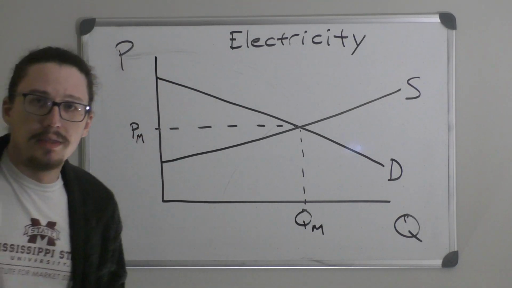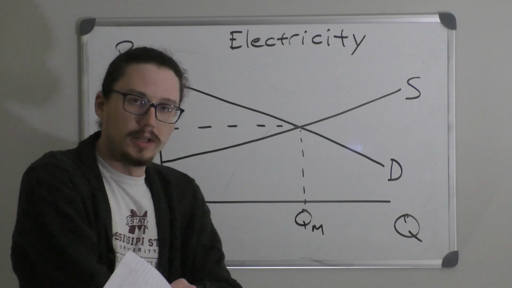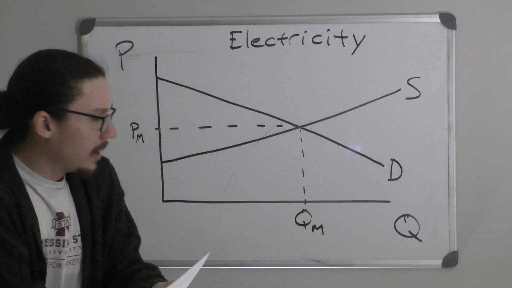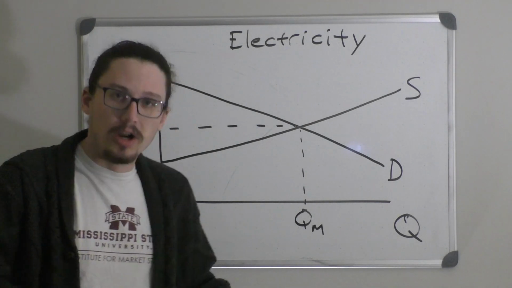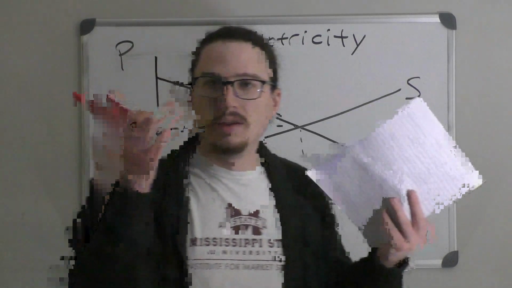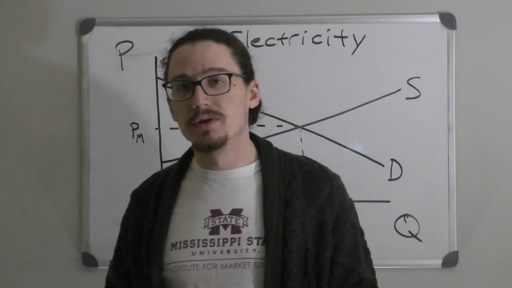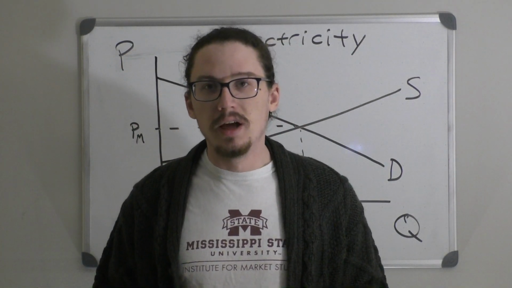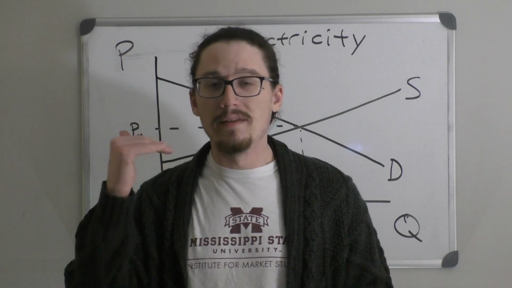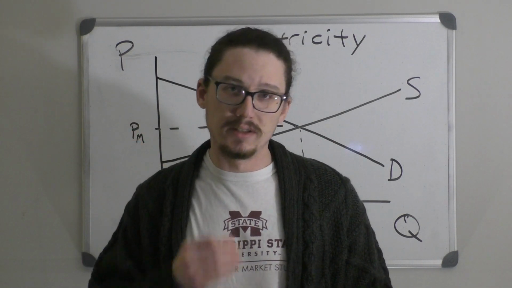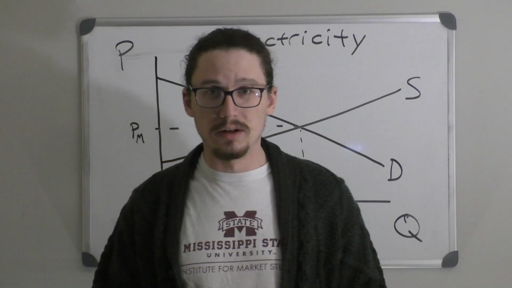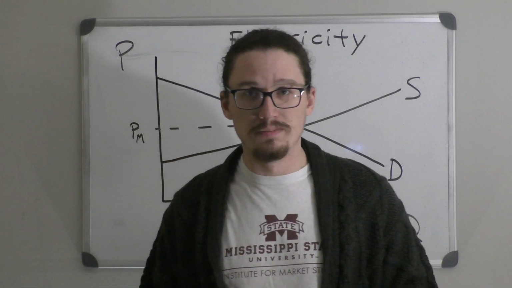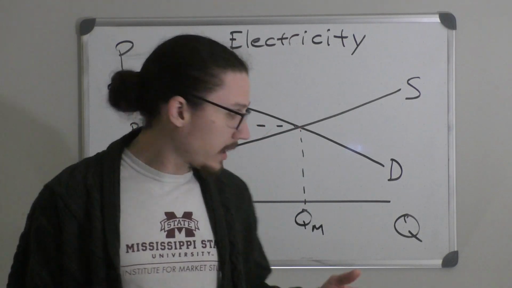All right, so when we are looking at the market for electricity, if left to our own devices, the consumers and producers of electricity are going to take those private costs and private benefits into account when making their decision on how much to consume.